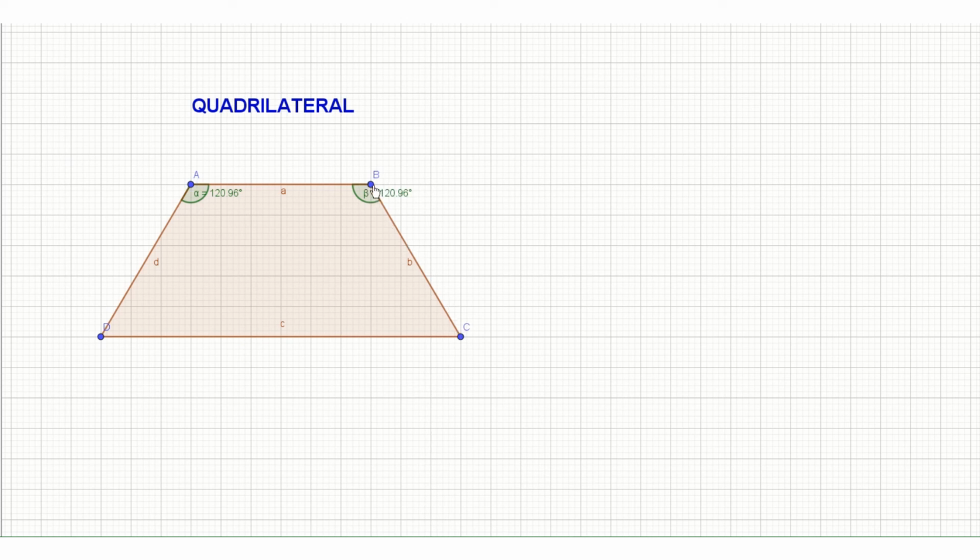Then the next angle is BCD. And the last angle over here is CDA. So there are four angles in this quadrilateral. It has got four sides. So I can also say it has got four vertices A, B, C, D. So this is a quadrilateral, a polygon with four sides and four angles and of course four vertices.